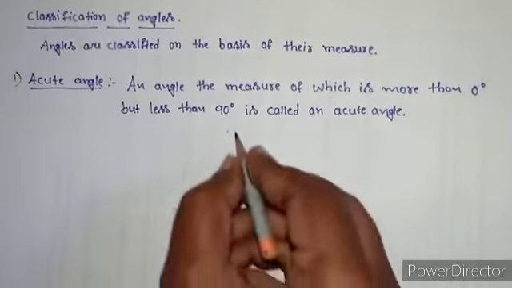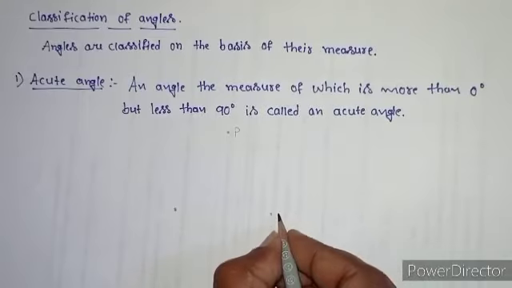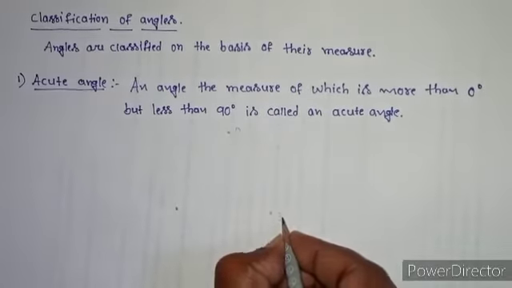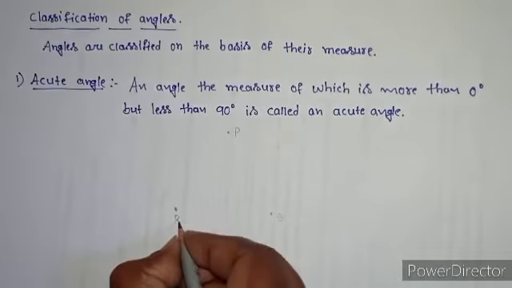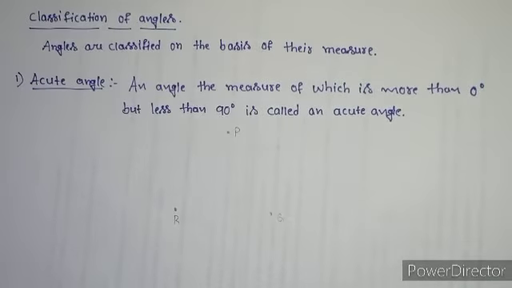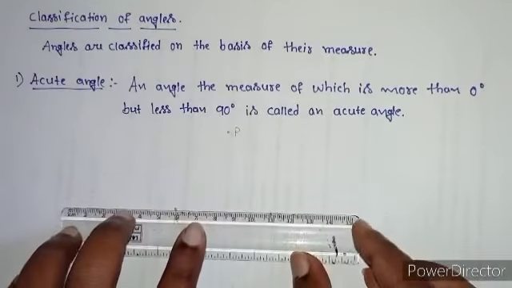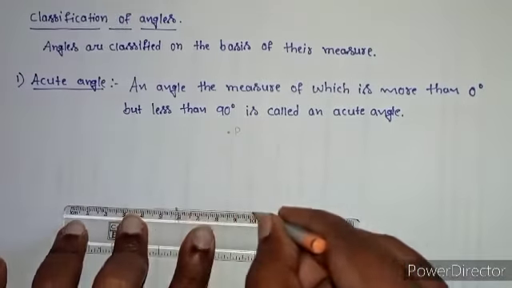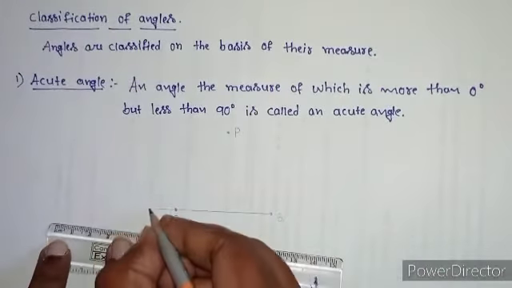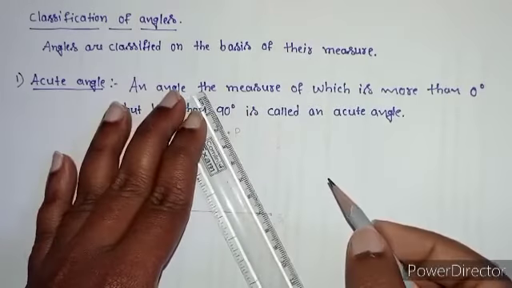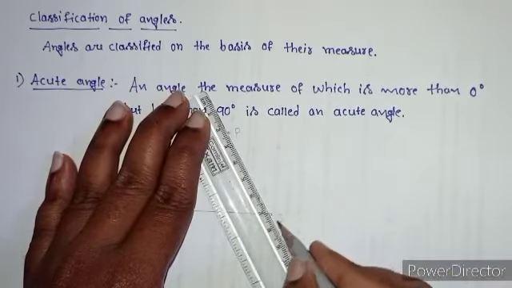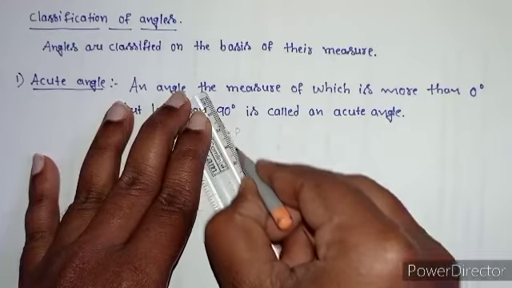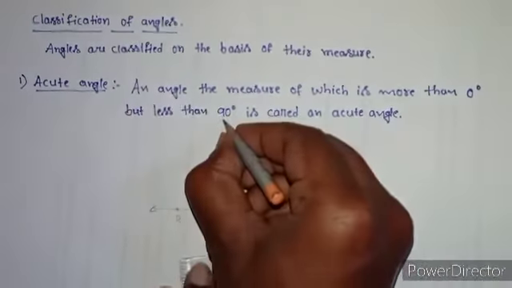P, Q, R. Now I am going to join the Q and R points with an extended arrow, and next I am going to join the Q and P points.